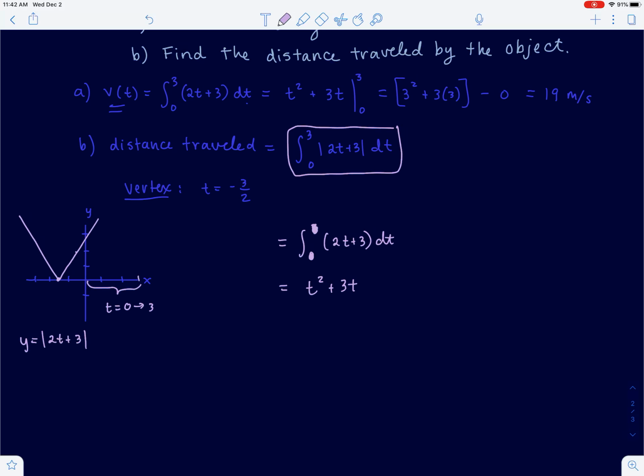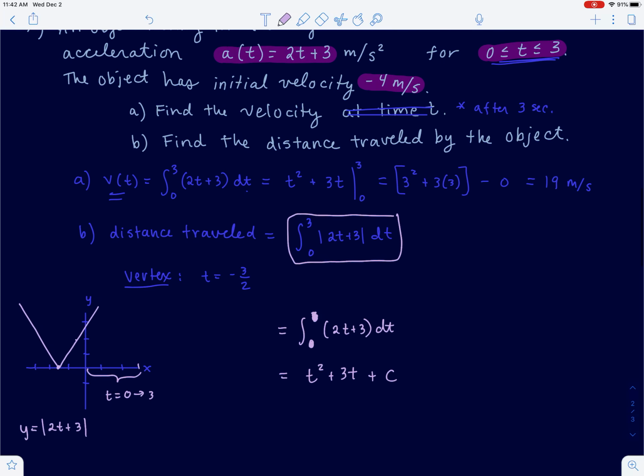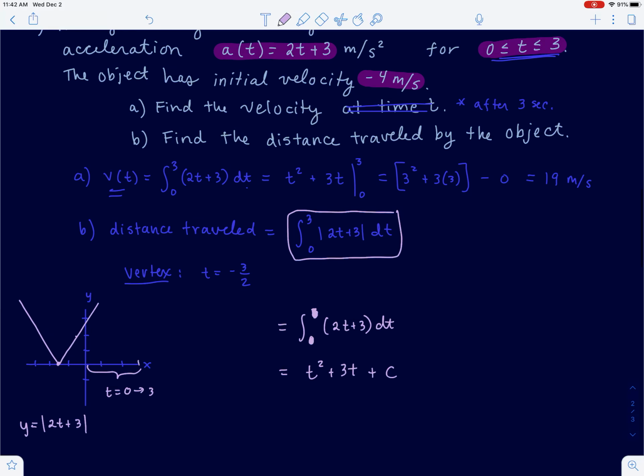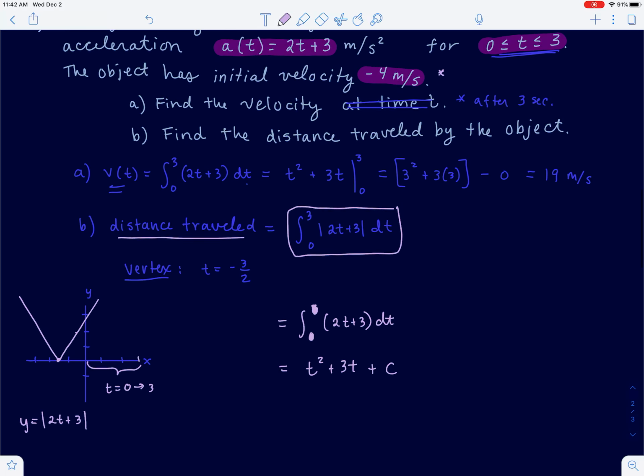And I need to put plus v naught, because this gives us a constant of integration. The reason that I'm doing that is because I was given an initial velocity, and so I need to put this initial velocity into my distance traveled.